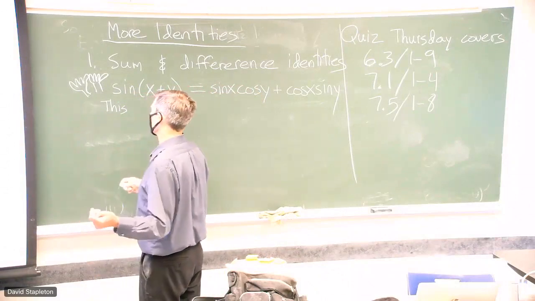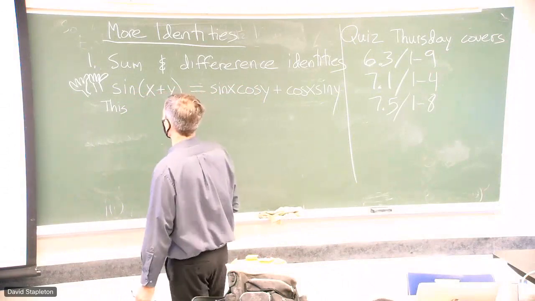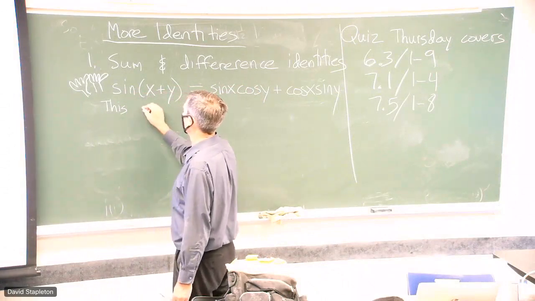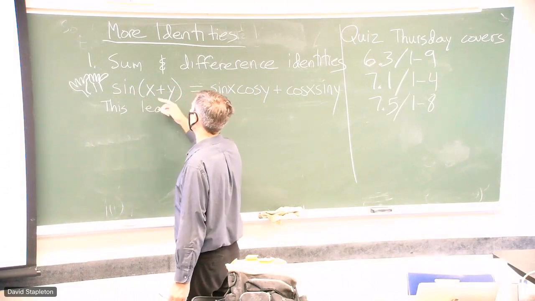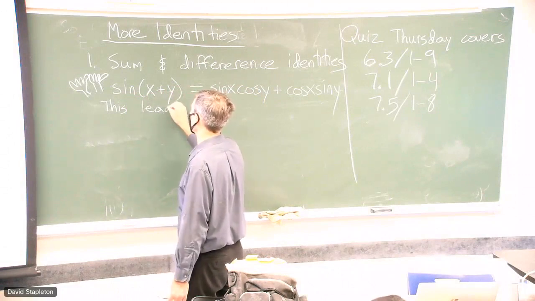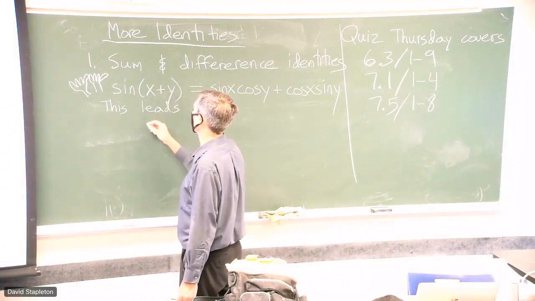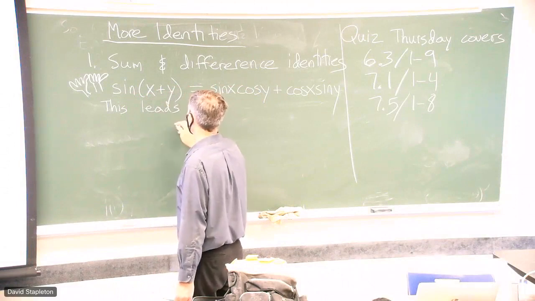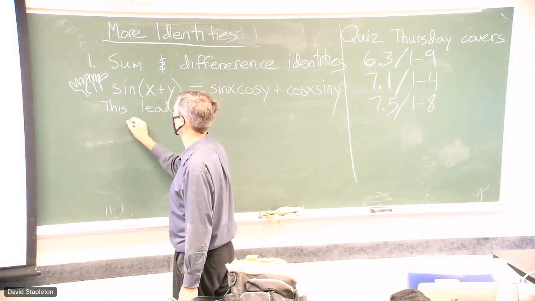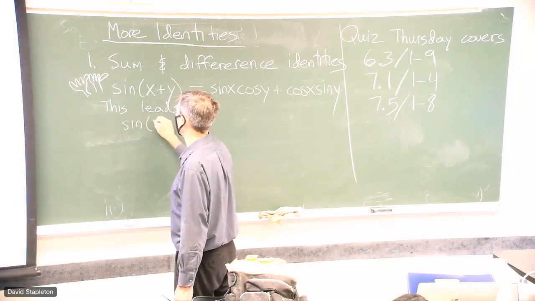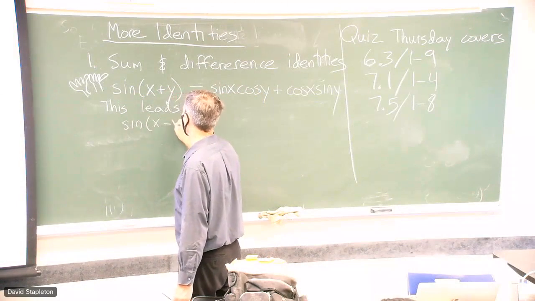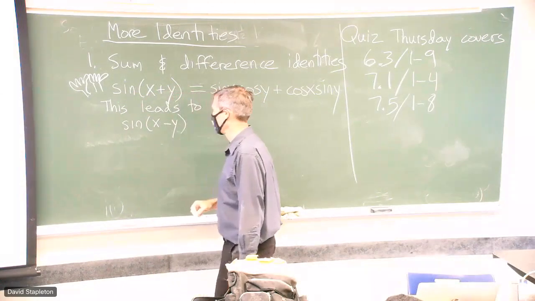This, however, we can do a real proof of, the next one. This holds for any numbers x and y. They can be positive or negative. So what if I replace y by minus y, so I'm taking the sine of x minus y? How can I get an identity for that?